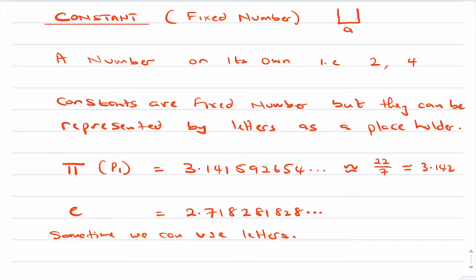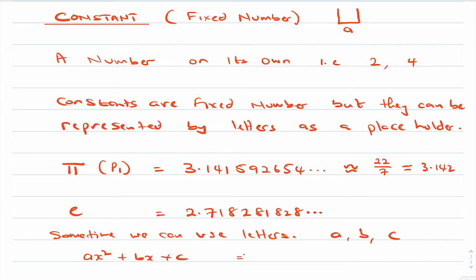So A can be a constant, B can be a constant, C can be a constant. For instance, in the general equation for a quadratic, ax squared plus bx plus c, a is a placeholder, likewise b and c, to represent the number to be.